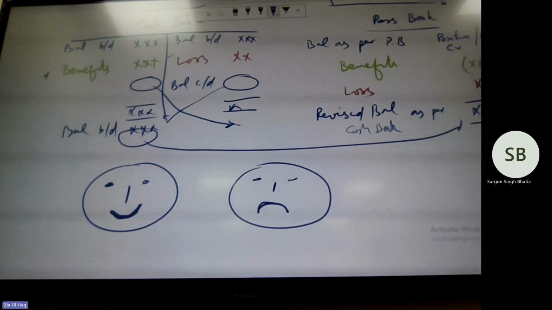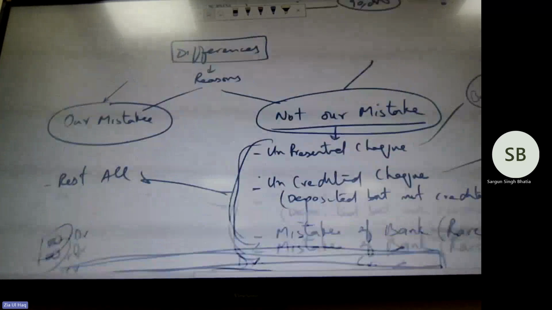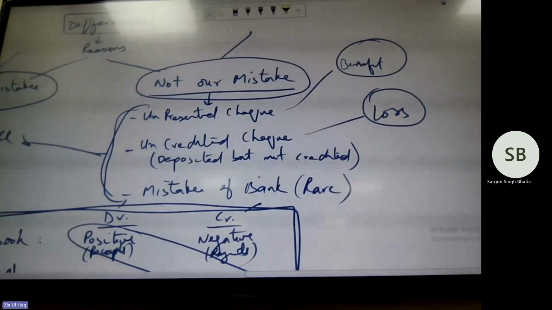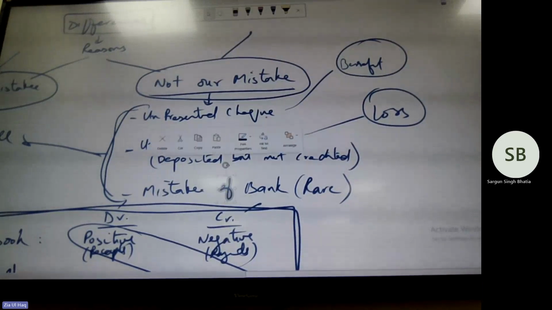So in cash book, the benefit will be recorded on debit side, loss will be recorded on credit side. I mean, due to that difference, either we are having benefit in current month or we are having loss. Like due to unpresented checks, we were having benefits. Why? Because that amount is still in our bank account.